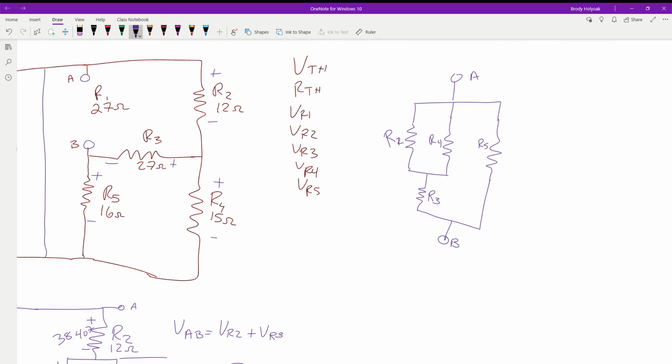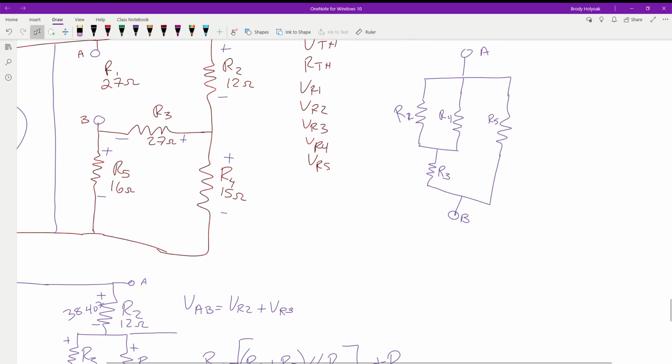So now we can find the resistance across the circuit pretty easily. What's in series? What's in parallel? R2 and R4 are in parallel. And then they're in series with R3.